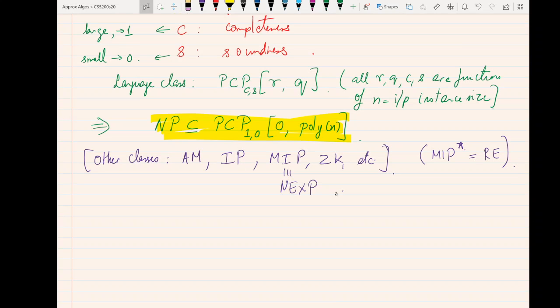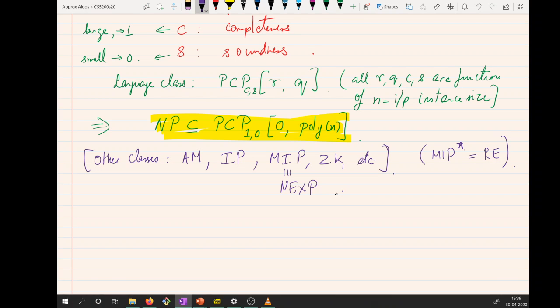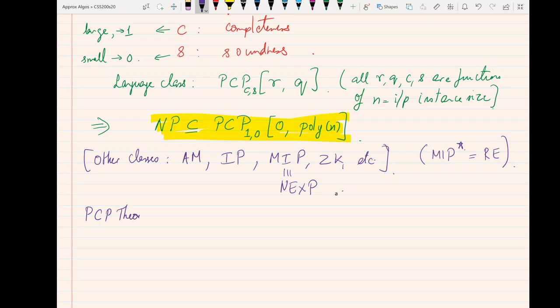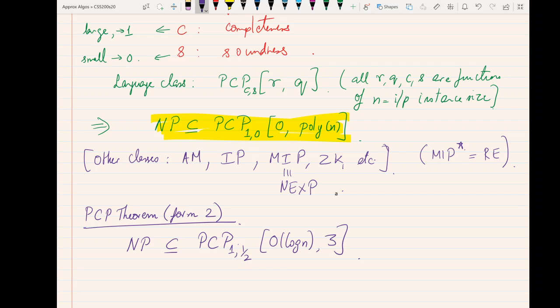We wanted to look at more and more efficient probabilistic verifiers for the class NP, and another form of the PCP theorem is exactly that. The PCP theorem says that NP is a subset of PCP with completeness 1, soundness half, randomness order log n, and a constant number C of queries.